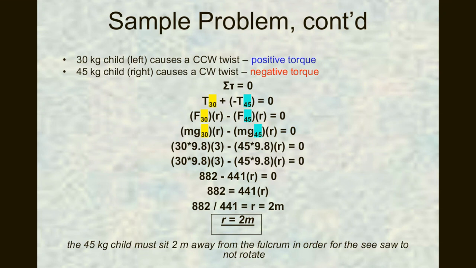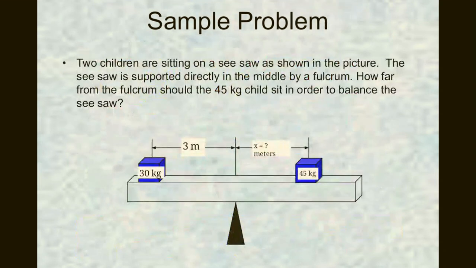So the 45 kg child must sit 2 meters away from the fulcrum in order for the seesaw to not rotate and to be balanced. So when you look at the picture, as we've discussed, if you need to have the same amount of torque between two objects with two different forces, if you have a greater force, like we do with the child on the right, you need less distance.